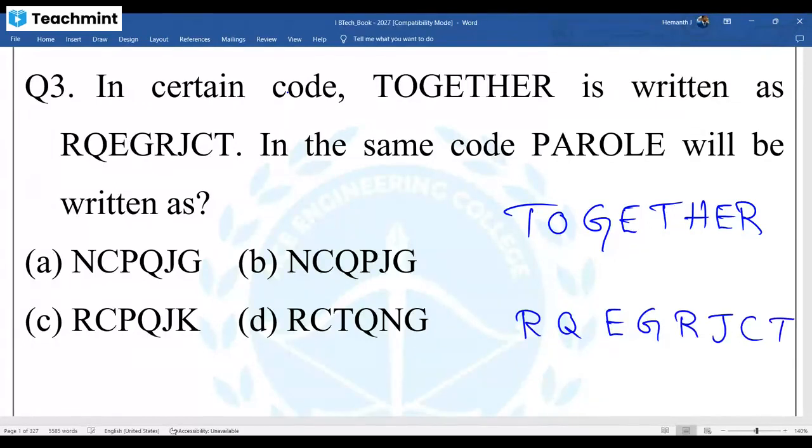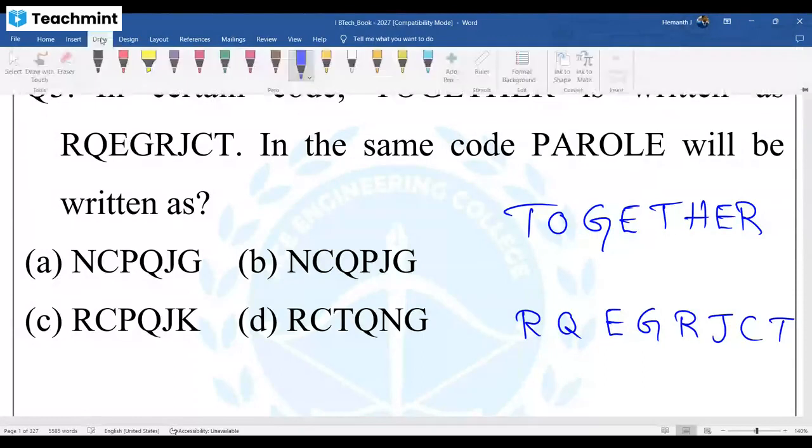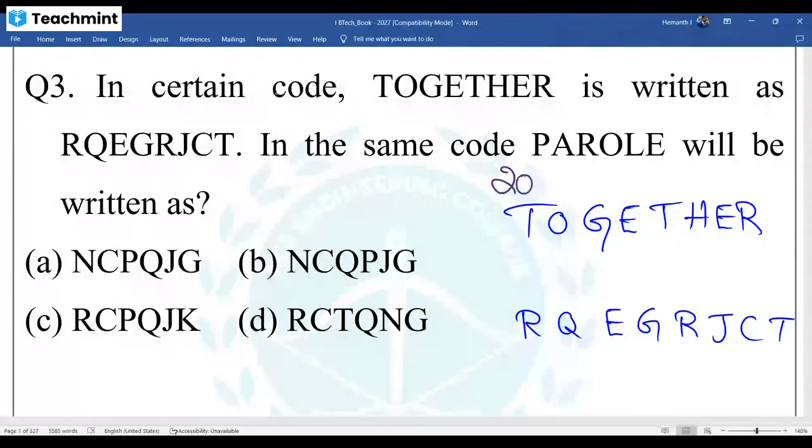P value 20, R value 18, -2. O value 15, Q value 17, +2. Likewise, G is 7, E is 5. You have to know the value of each letter here.